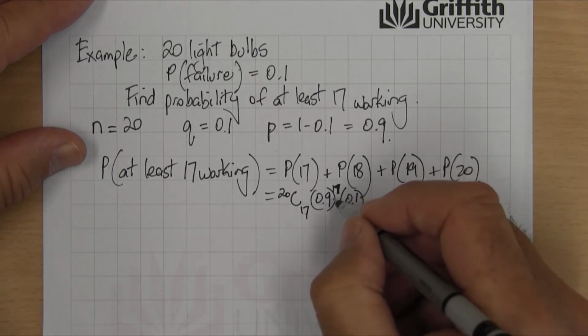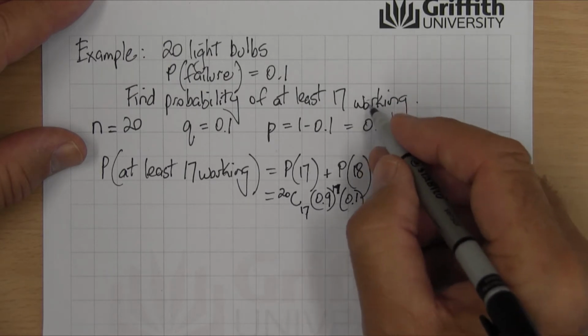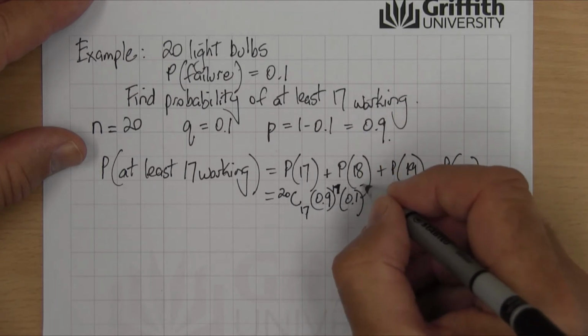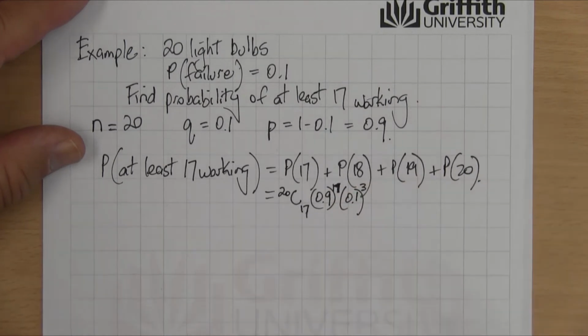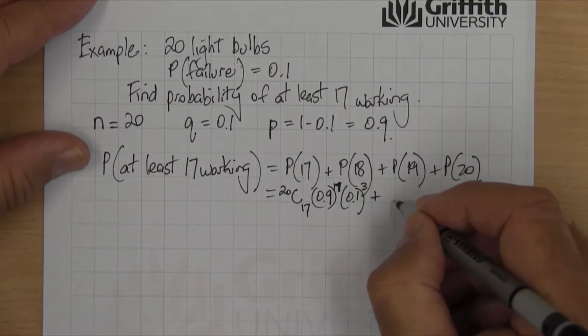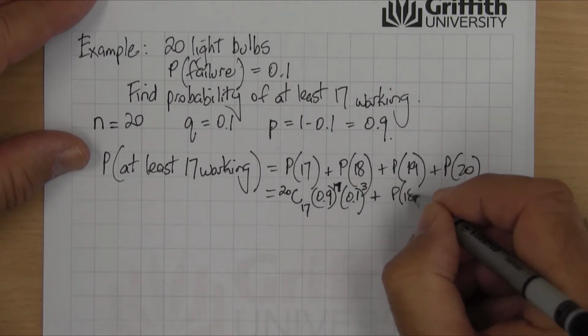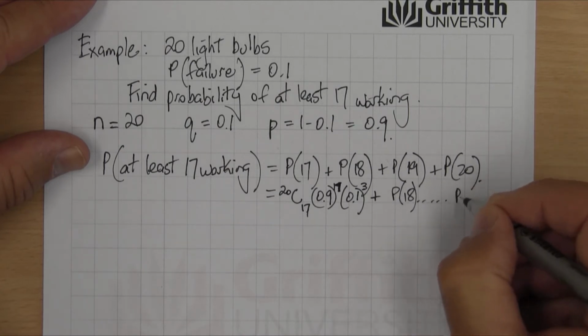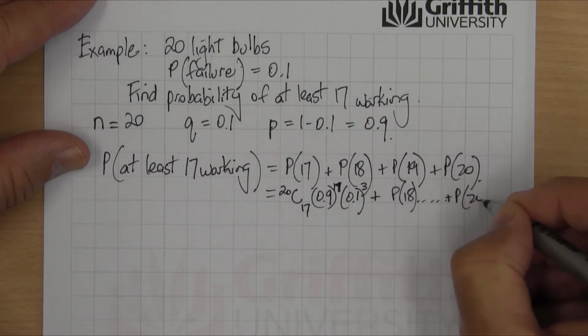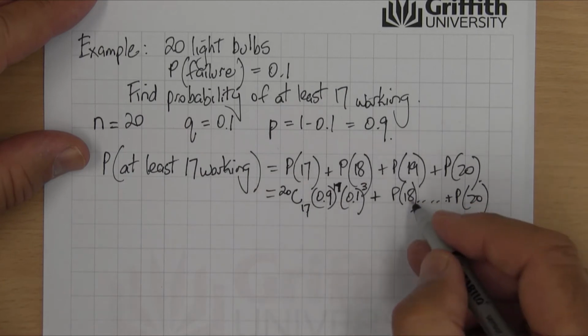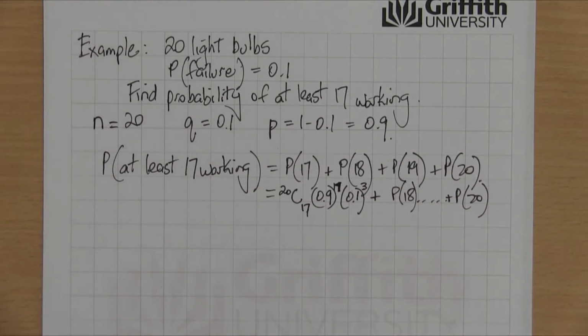If you've got 17 successes, or in other words working, you're going to have 3 failures. 3 plus 17 is 20. Plus, then you could work out probability of 18, plus probability of 19, plus probability of 20. So you could actually just change these numbers and work out 18, 19, 20, and add them up.